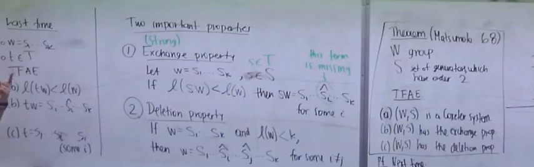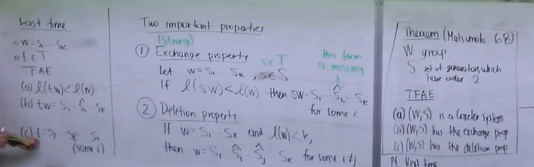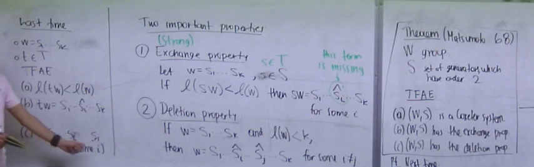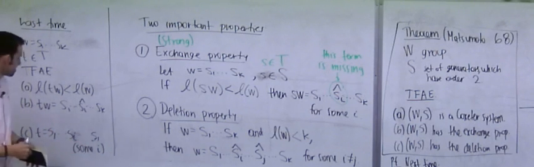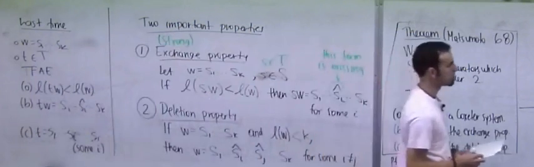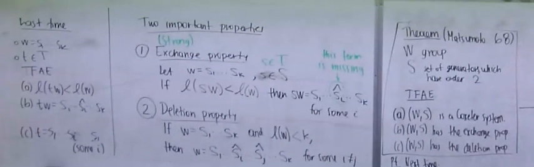Now, there I have two different expressions for W. And this lemma is true for both of them. And what that tells me is that the reflections that I'm describing here are the same whether I use S's or whether I use S primes. So let me say that now.